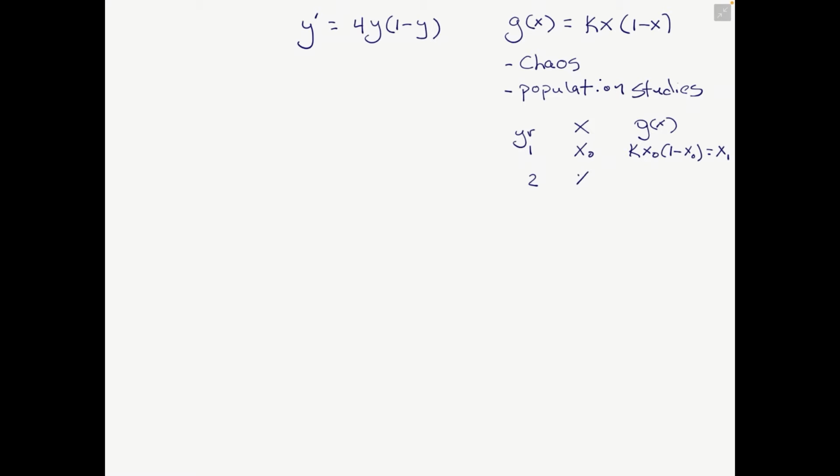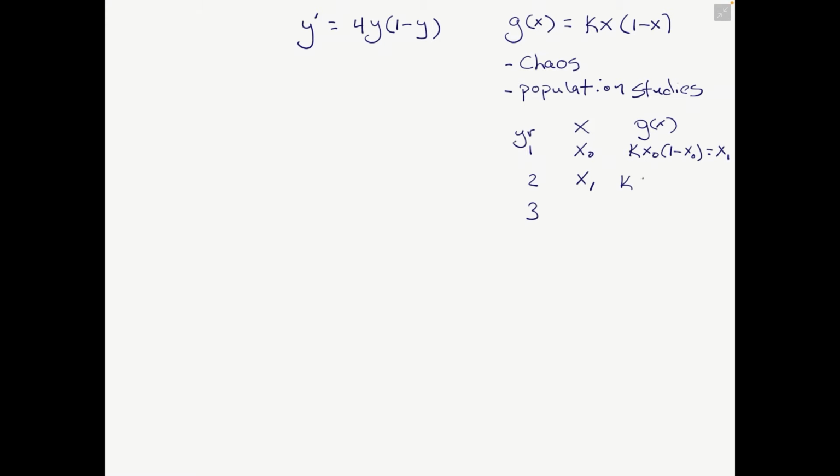So our predicted value for the next year is x1. But then if we want to know for the following year, year 3, we then use x1 as our new starting point.